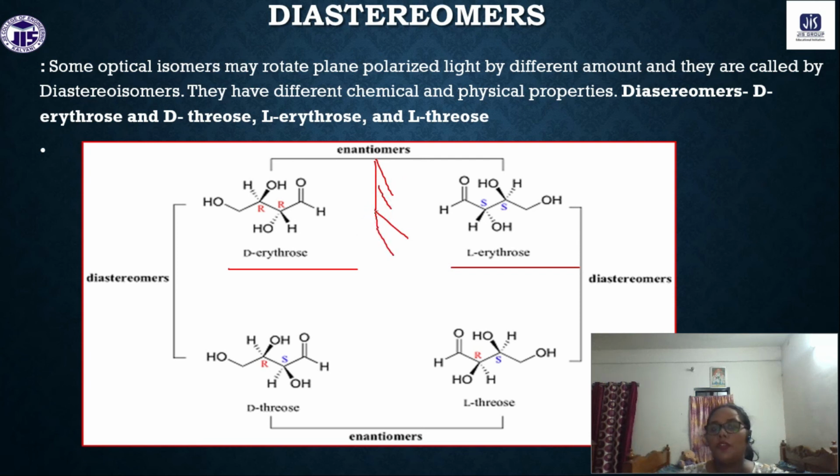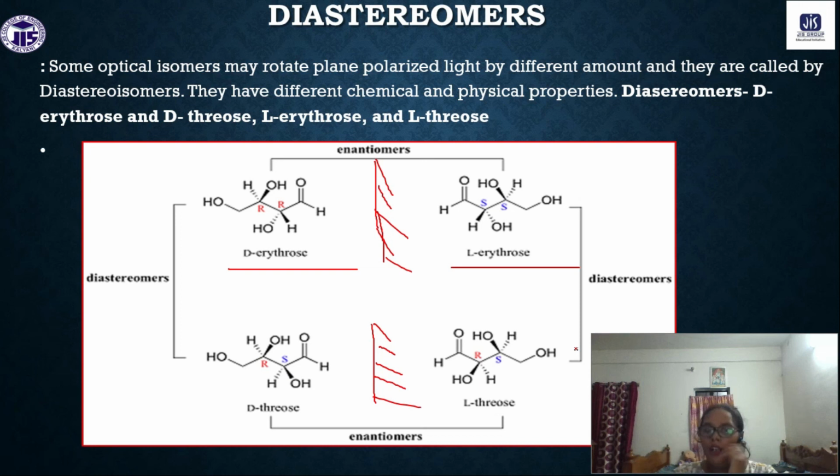Both are mirror images but non-superimposable. Now here also these are D-threose and L-threose. First we have erythrose, and this is threose, D-threose and L-threose. Now these are also enantiomers, as these are mirror images.